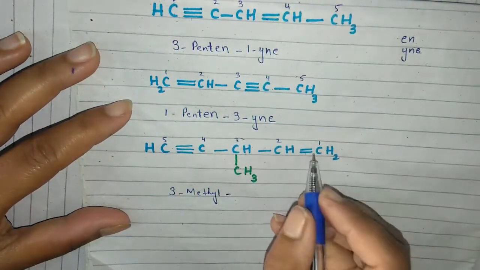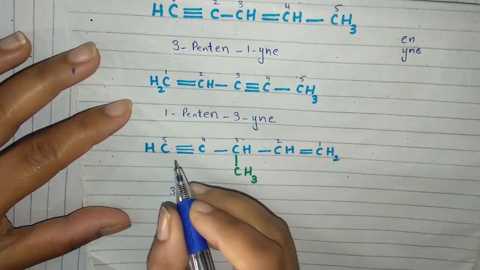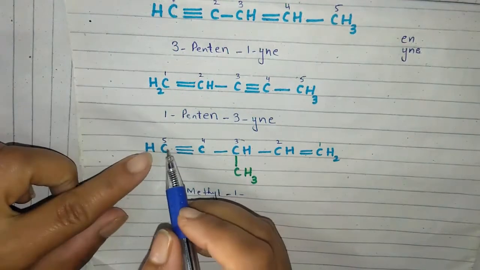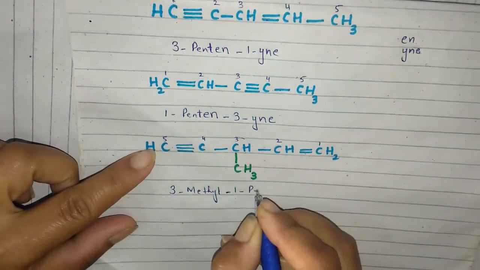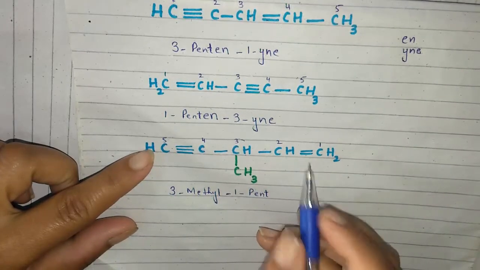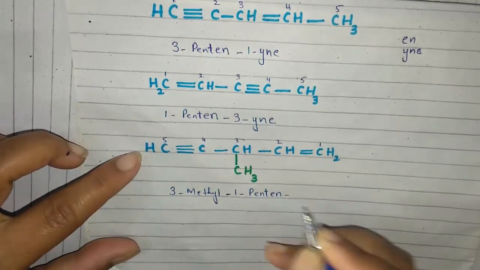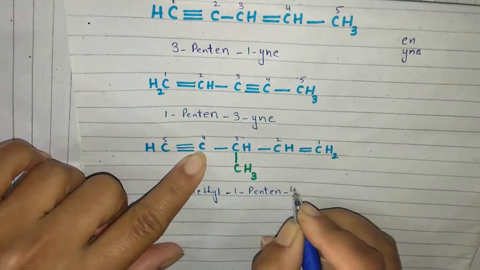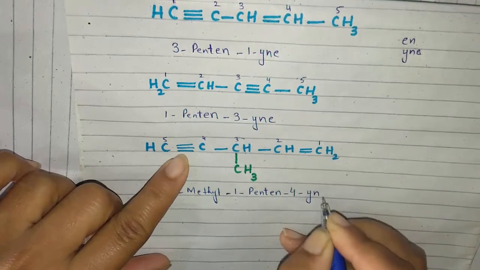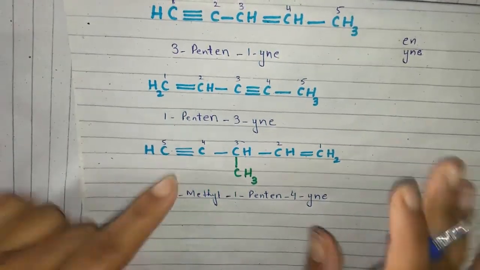At the first carbon a double bond is present, we will write 1, and this is pentane because it contains a double bond, a triple bond and single bonds. 5 carbon atoms are present, so we will write pent, and for the indication of the double bond we will write en, like these two examples, and then hyphen 4 to indicate the position of the triple bond, and then yne to indicate that there is a triple bond present.